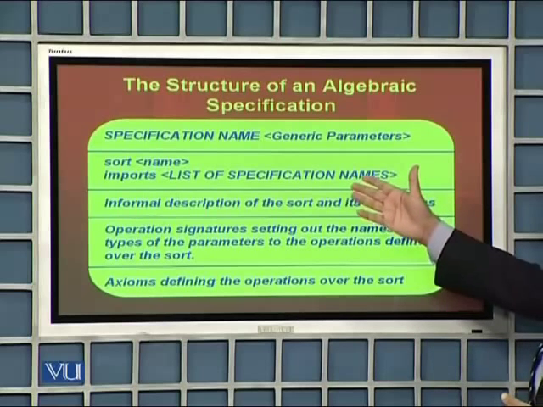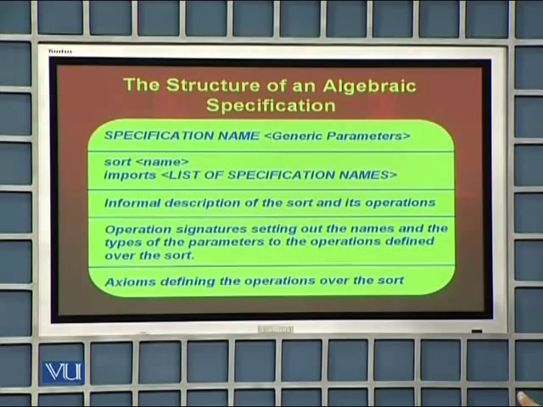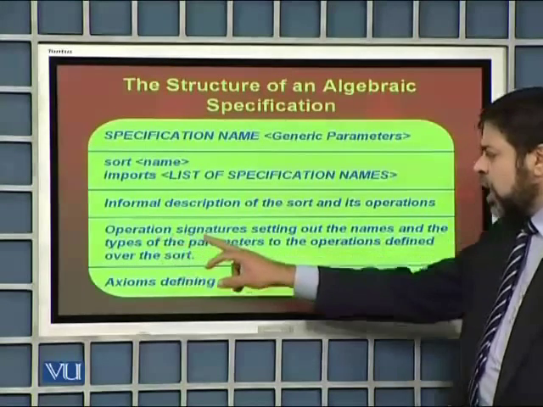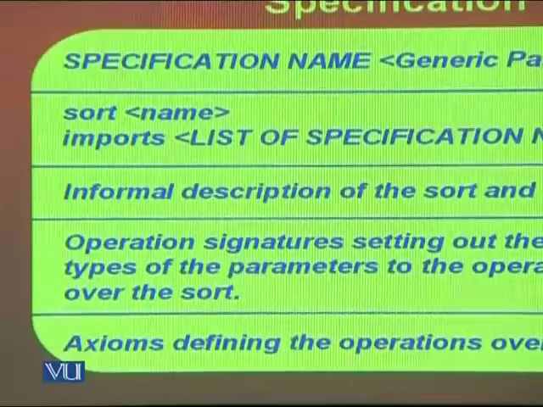So we will have a sort and we will give an informal description of the sort and the operations supported by this sort. Then we have what is known as the signature, the operation signature.